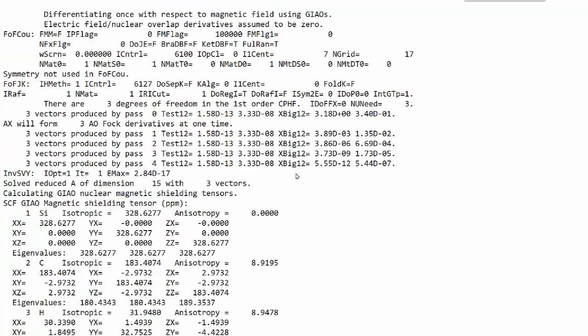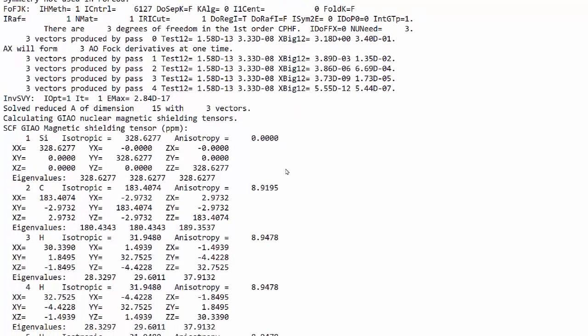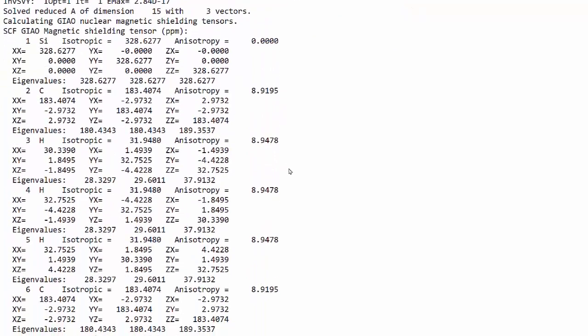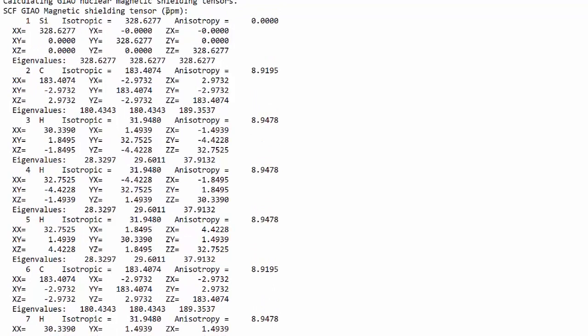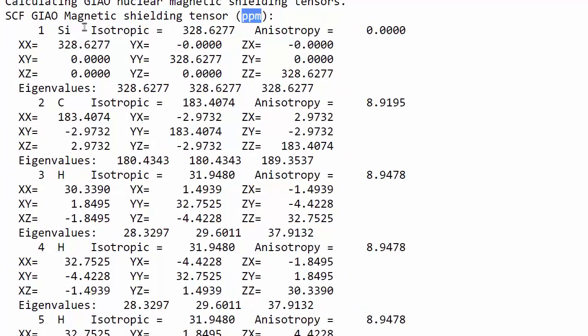If I go to that section and show you what it looks like, it has a list of atoms. They're numbered, so you know which atom is which. It has something called the isotropic shielding listed.